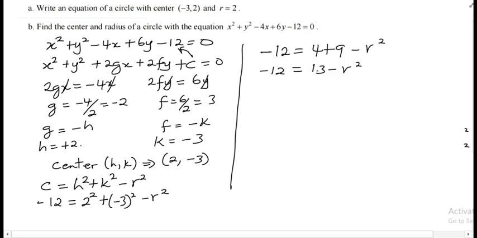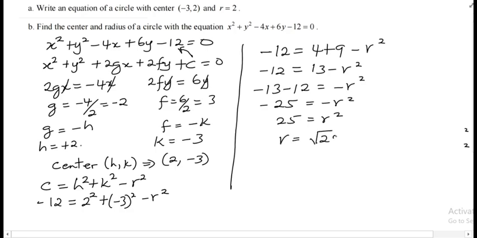Okay, so the moment you collect like terms, you have negative 13 minus 12 equal to minus r squared. So probably you have minus 25 equal to minus r squared. Therefore, 25 will be equal to r squared. So r will be equal to root 25.